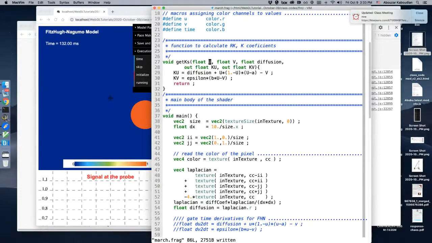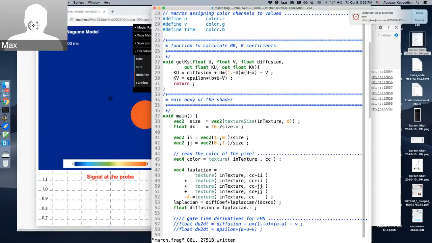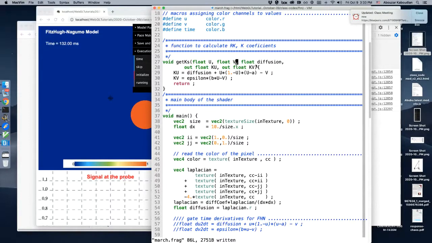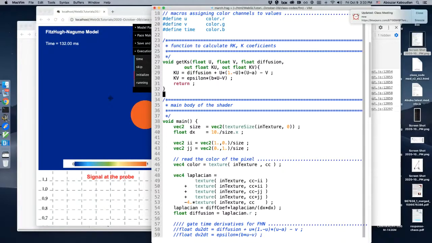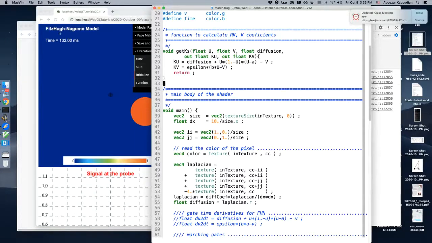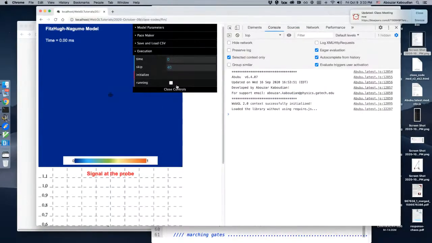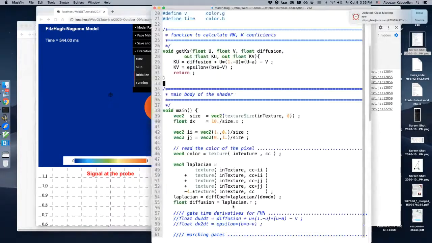I intentionally separated these ones to capital letters to make sure that we don't end up with unintentional changes. So as you can see right now, if I start running the code, I have removed the time stepping, so nothing happens. Time is marching, but no waves are getting propagated or anything.